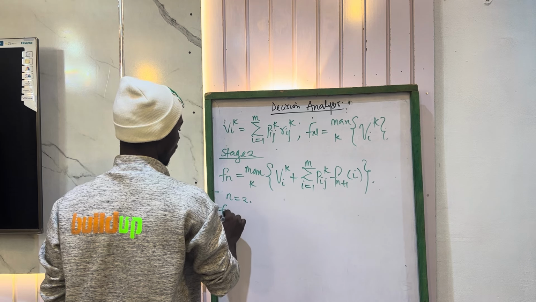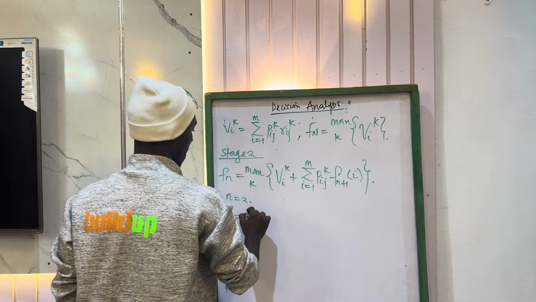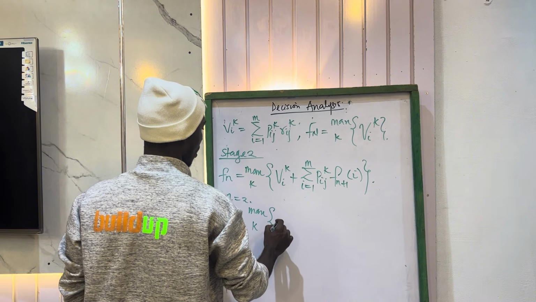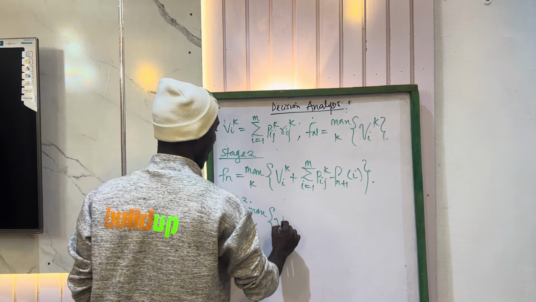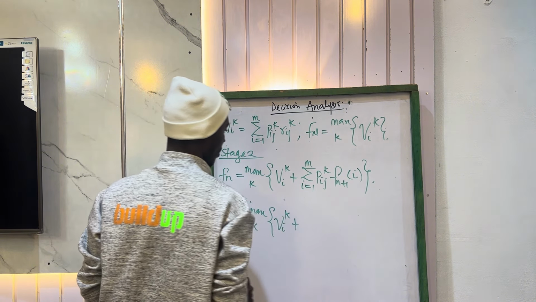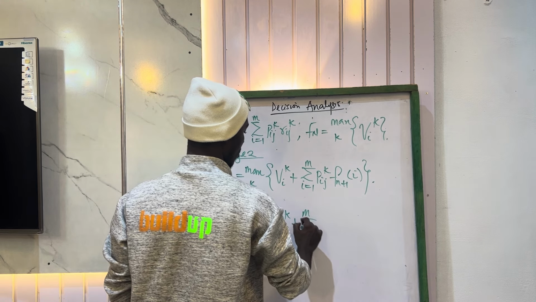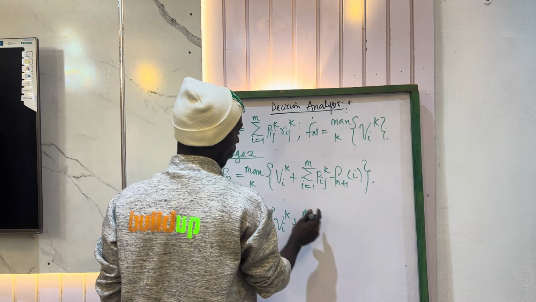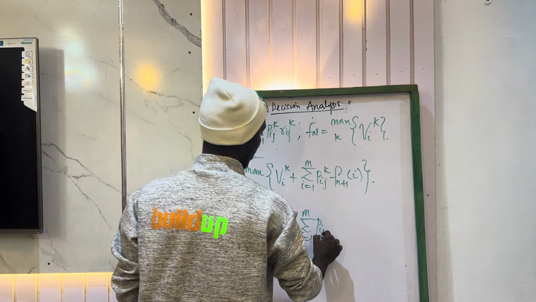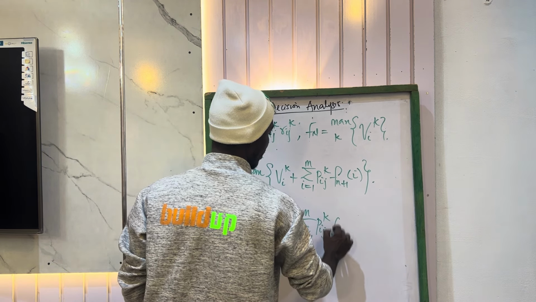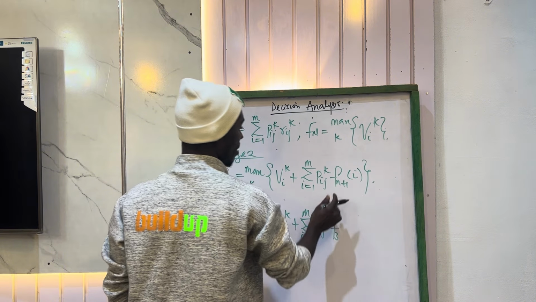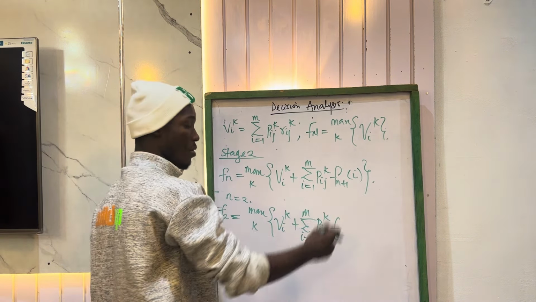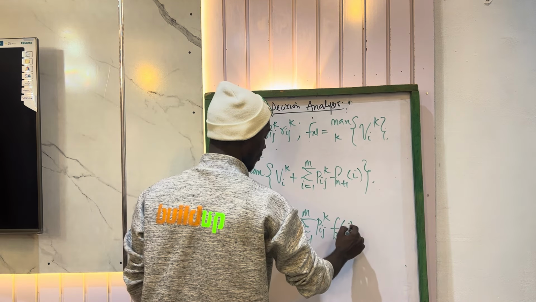So this one will be F2 equals max over K of Vik plus the summation from I equals 1 to M of the probability Pij, K, then 2 plus 1 is going to give us 3. Remember that F3 is what we got at that optimum solution table.